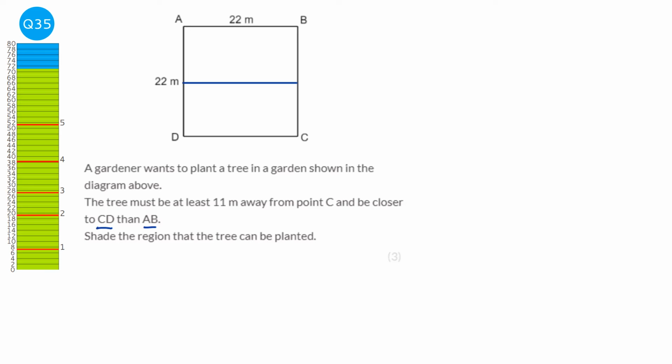The second piece of information given to us is it must be at least 11 meters away from point C. So we get our compass out and measure 11 centimeters, or whatever the scale we're using in this diagram is, and we draw a quarter circle from C. It says shade the region that it can be planted. So this is the region that represents closer to line CD than AB, but also not within 11 meters of point C.